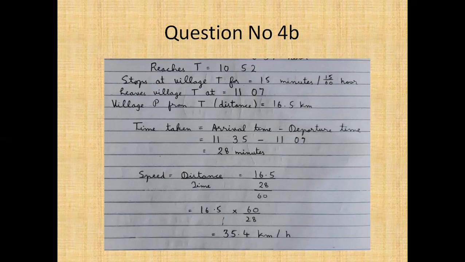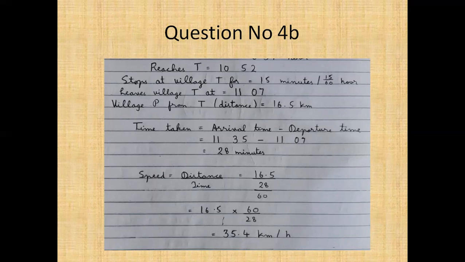So 16.5 divided by 28 divided by 60, and that will give you 35.4 kilometers per hour. So 35.4 kilometers per hour is the speed with which he will return to P.